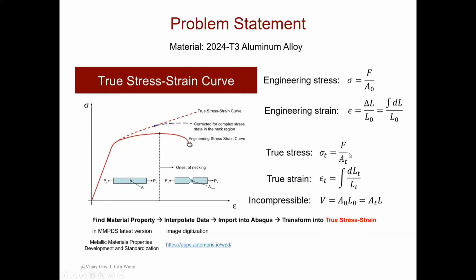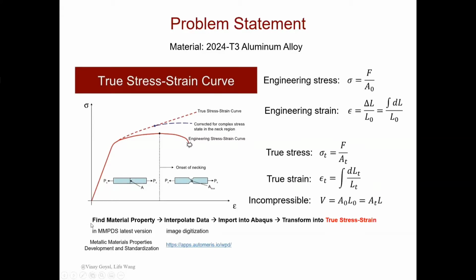True stress and true strain have a relationship that can be calculated by a formula. However, Abaqus provides a tool that can convert engineering stress to true stress, and we'll show it later in the Abaqus GUI setting tutorial.